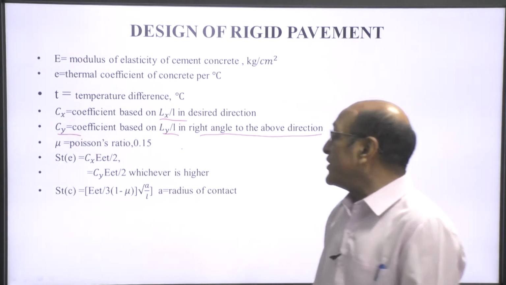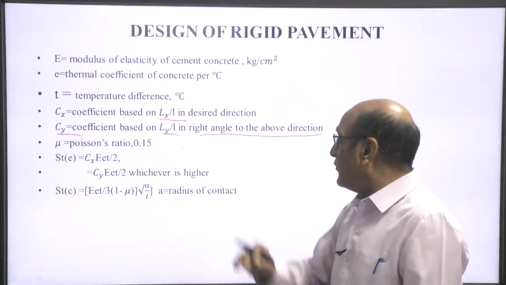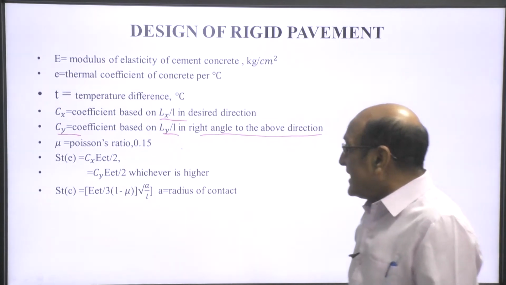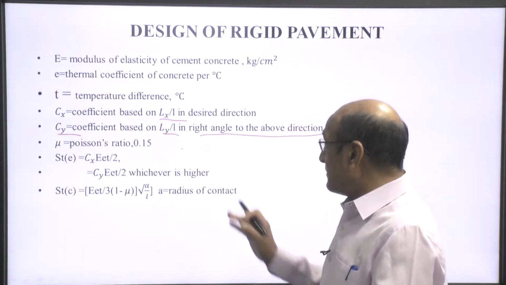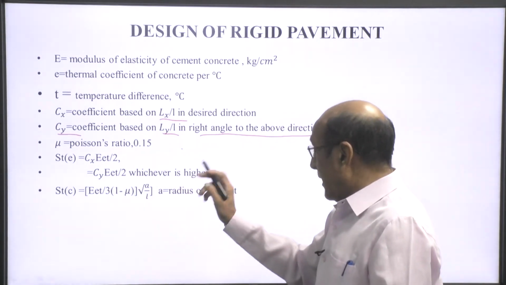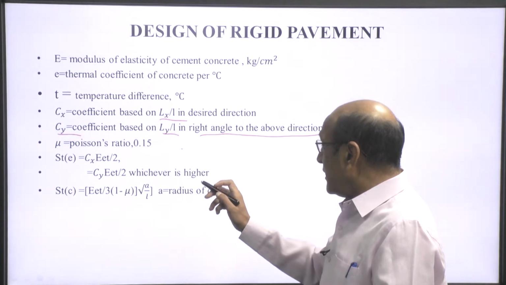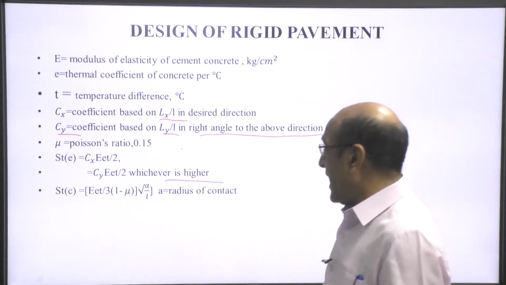Mu is equal to Poisson's ratio, which we have taken as 0.15. So, S_TE will be Cx E e t divided by 2, or Cy E e t divided by 2, whichever is higher. We will take whichever is higher.